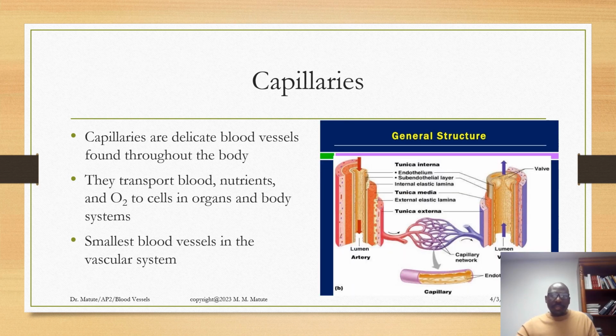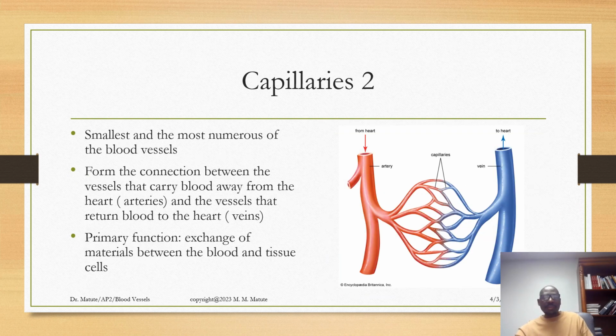So capillaries, you normally find capillaries between arteries and veins. So this is an artery over here, and this is a vein over here. And you can see that we'll have the capillaries in between here. As we said earlier on, they are points for exchange of materials.